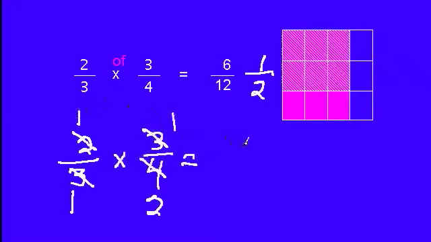Then you multiply across. 1 times 1 is 1. 1 times 2 is 2. So that's a shortcut for reducing at this stage of the problem. You can only do this with fraction multiplication when it's in a proper or improper form, which we'll see more of later with mixed numbers.